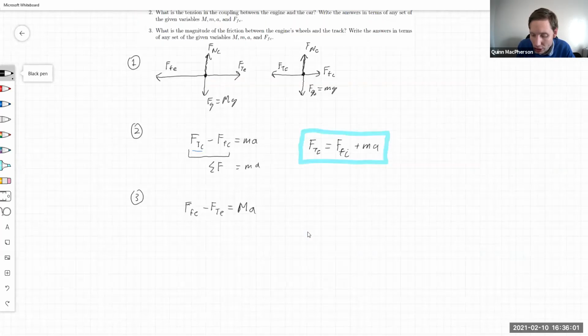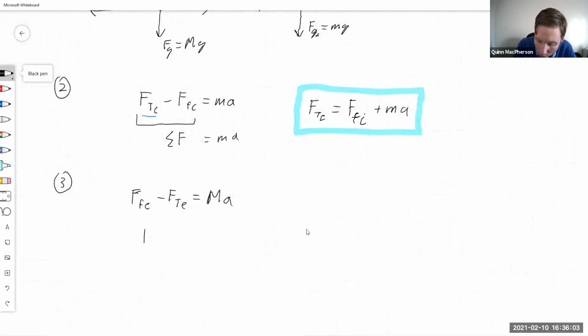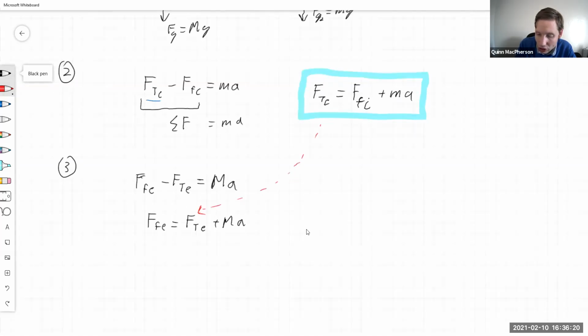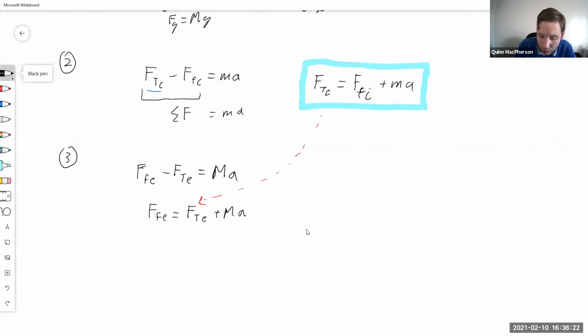Okay, rearranging that, I get force friction engine is equal to force tension engine plus Ma. But we know what force tension engine is. That is the same magnitude as force tension of the car, because of equal and opposite forces.